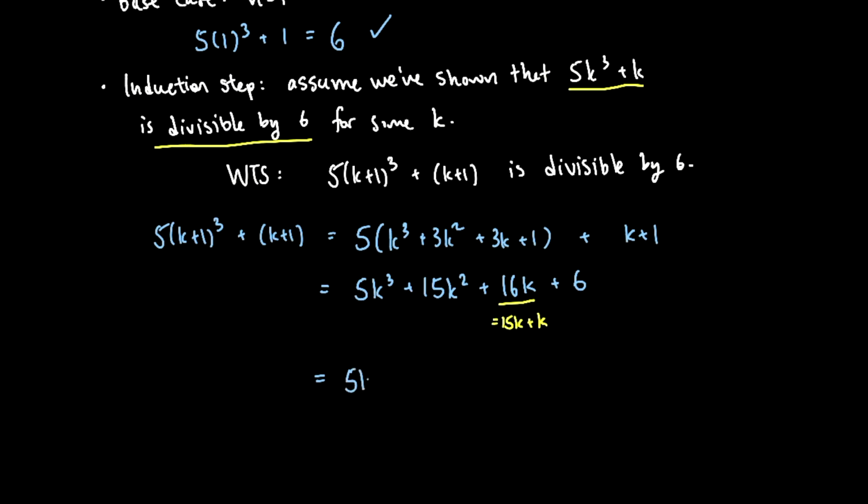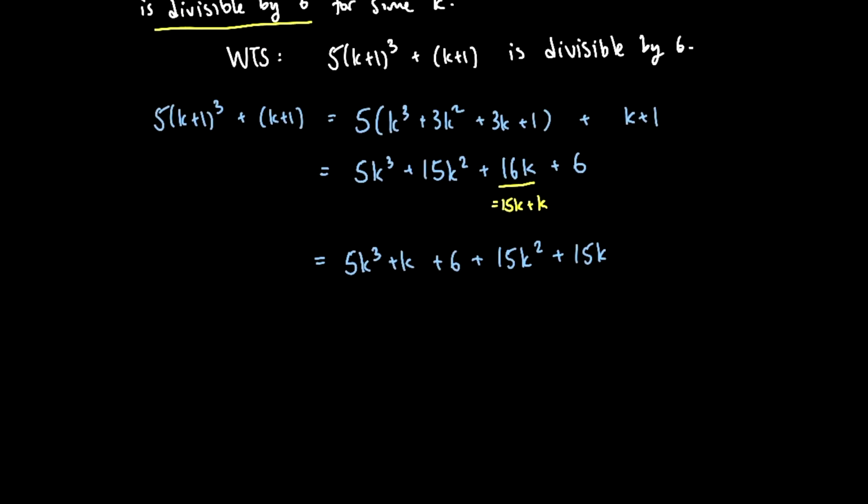So here's my 5k cubed plus k plus the rest, 15k squared plus 15k plus 6. Okay, in fact, maybe I can rearrange this a tiny bit more. Why don't we move this plus 6 over here and move the rest of the terms over here?